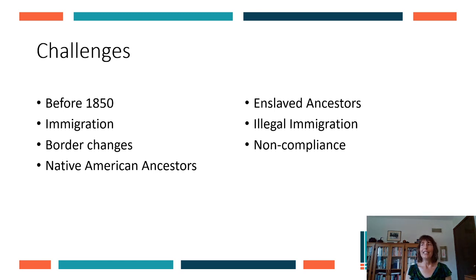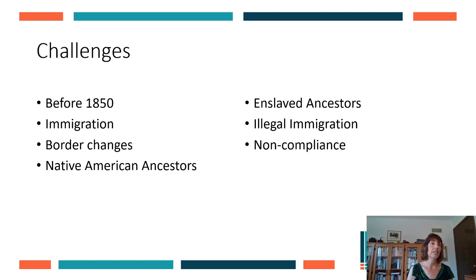So, with the strategies and resources we've covered today, a significant number of Americans can track their family roots back to their immigrant generation or to 1850, whichever's later. But it's not foolproof. There are known circumstances where these strategies and resources won't work.